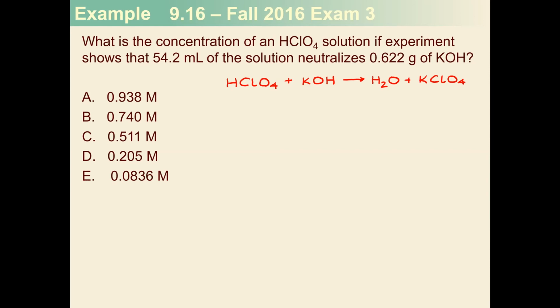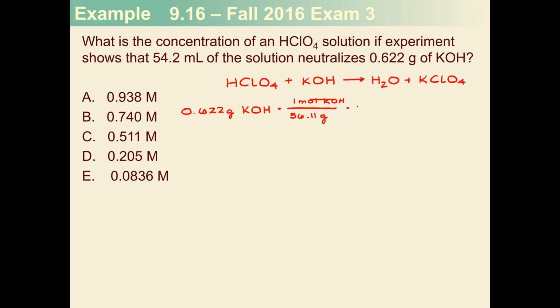So now what I can do is go and start with my mass of my base at 0.622 grams of my potassium hydroxide. I need to go from grams to moles. And I can say that 1 mole of my KOH is divided by 56.11 grams.